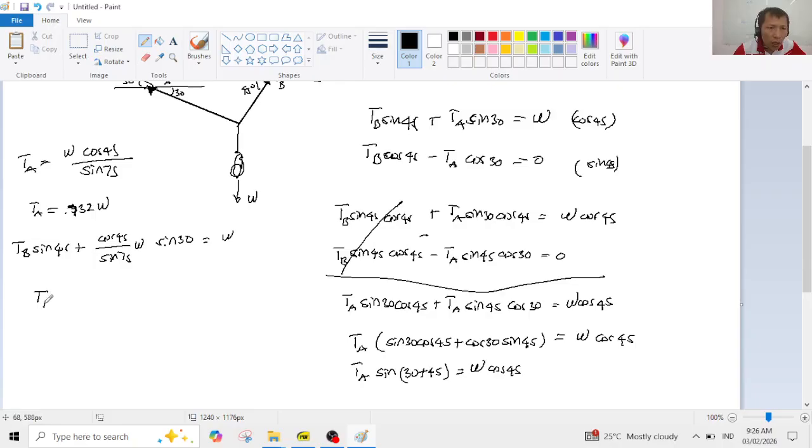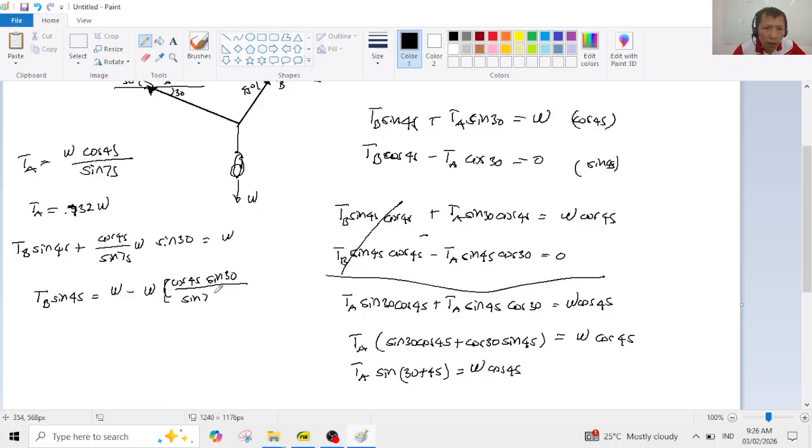So TB sine 45 is actually equal to W minus W cosine 45 sine 30 over sine 75. Again, I did not use the decimal value because I do not want to lose significant figures.